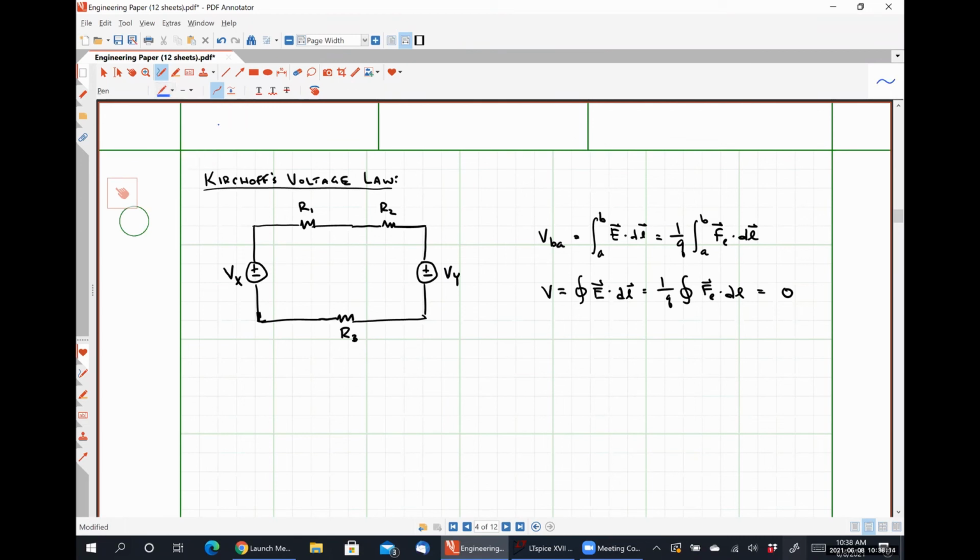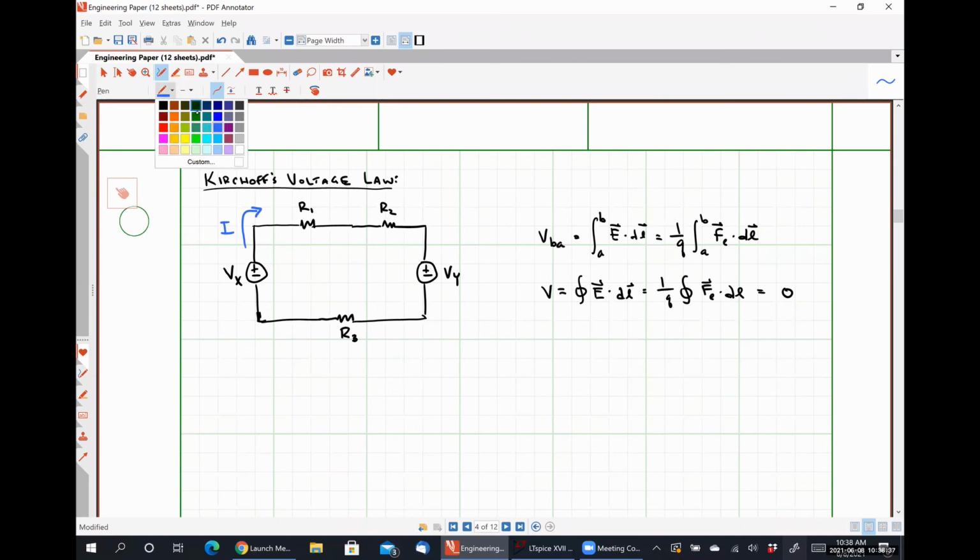I pick a voltage source. In this particular instance, I'm going to pick the voltage source Vx. And I'm going to say that there's going to be some current that leaves the positive polarity terminal of that voltage source, Vx. I'm going to call this guy I.